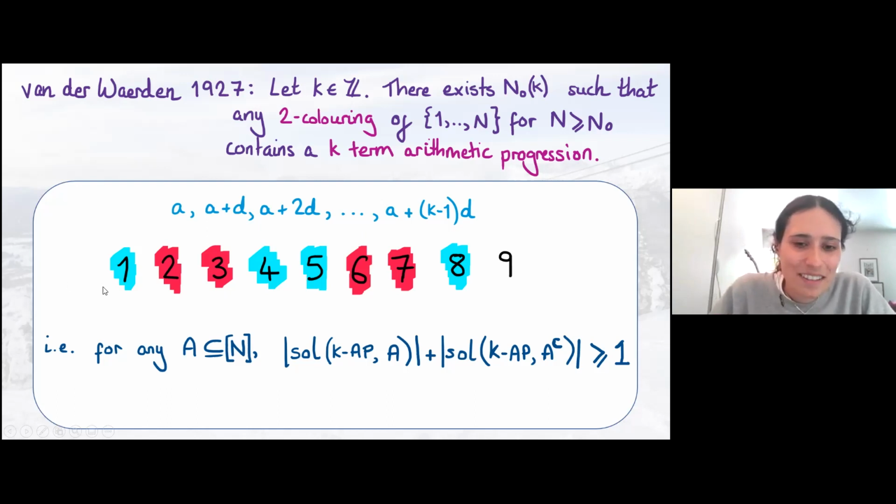So in terms of our notation, what does van der Waerden say? Well, it says the number of solutions for a k-AP inside our red set plus the blue set is always at least 1. So it's a question of the form: let's think about the solutions of a set of equations in a colored setting.